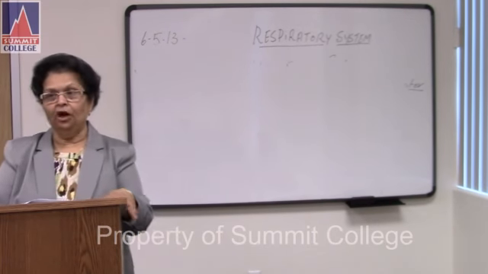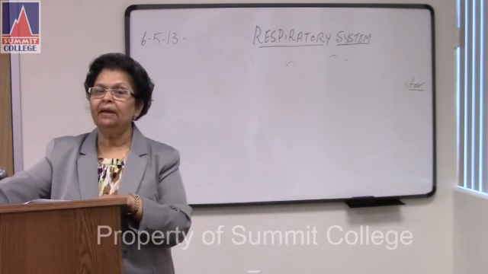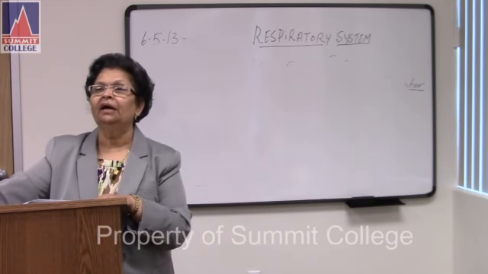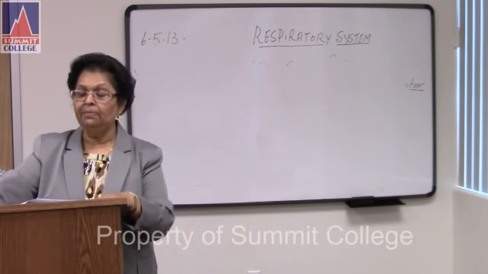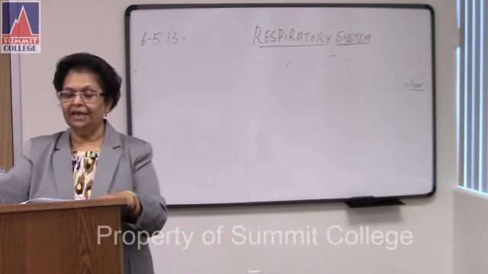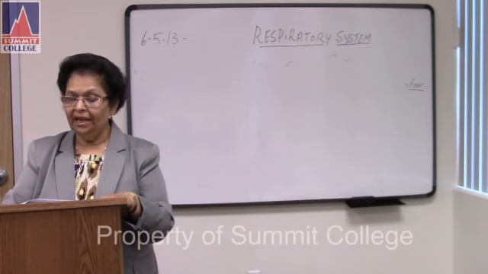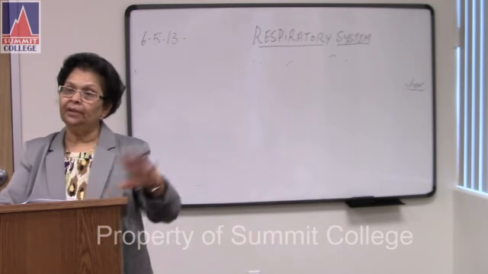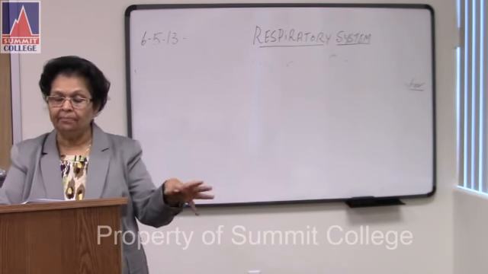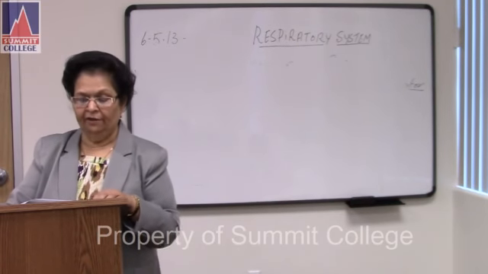Very important, we all should know the word PEEP. And what is PEEP here? The setting of the ventilator. The setting of the ventilator is PEEP. P means positive and expiratory pressure. So what pressure are they putting? The setting is PEEP. And the question can be, why do you put the patient on a ventilator?